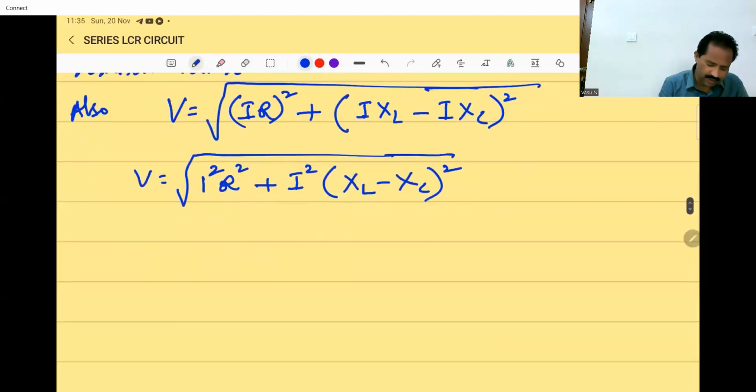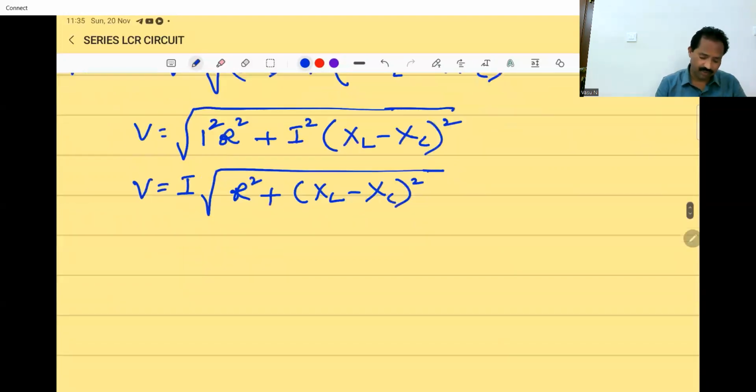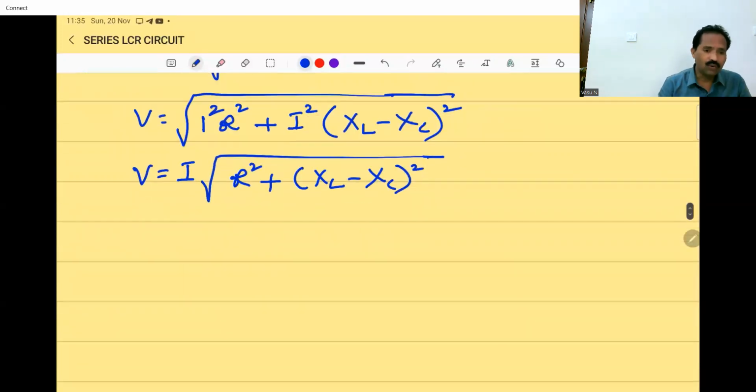Okay. Next step, V is equal to, so you can take out I square common. Root of I square is I. Root of I square is I into root of, see, R square plus XL minus XC whole square. Look at this. Okay, now I can rearrange like this.